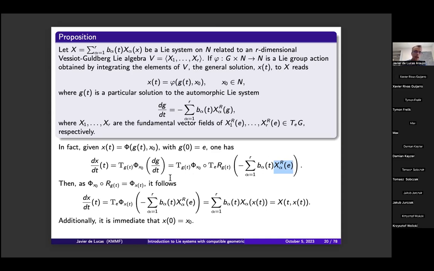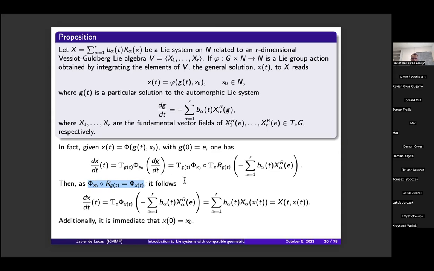So now you have to take into account this relation that tells you that if you have an element and you multiply by g(t), and you then apply x0 to it, what you obtain is the same as doing the contraction with g(t), because this is indeed the action of g(t) on the point x0, okay?